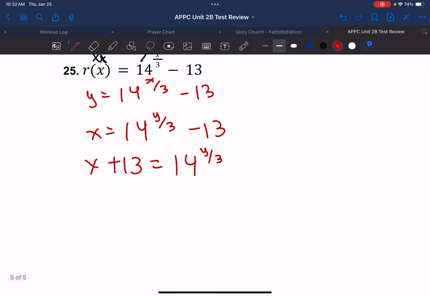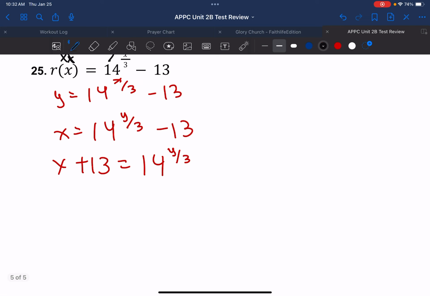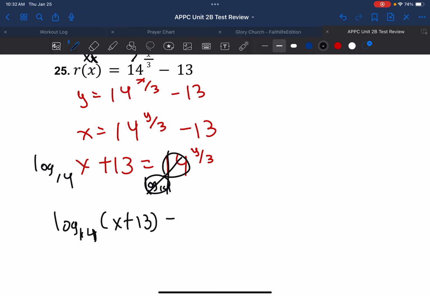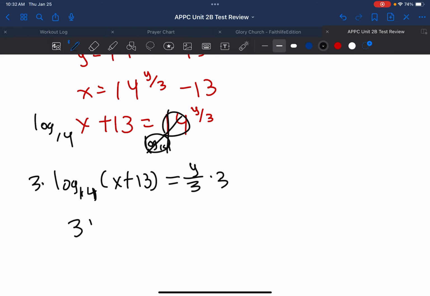And then I'm going to be able to get the 14 to go away and free the y there. I'm going to do log base 14 on both sides, because the bases here match up, and so they cancel out. So I've got log base 14. I like to put my argument in parentheses here. I think it's always easier to do it that way. And then y over 3, isolate that, times 3. So that ends me with 3 log base 14 of x plus 13 equals y.